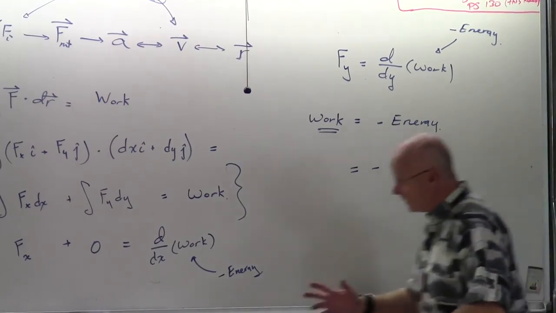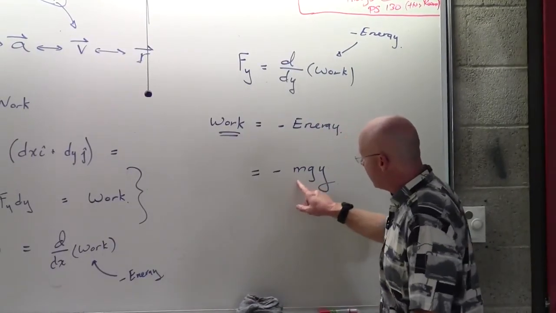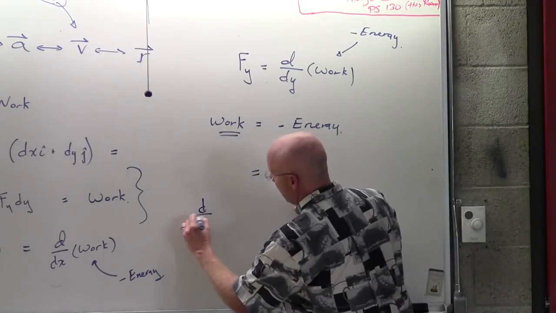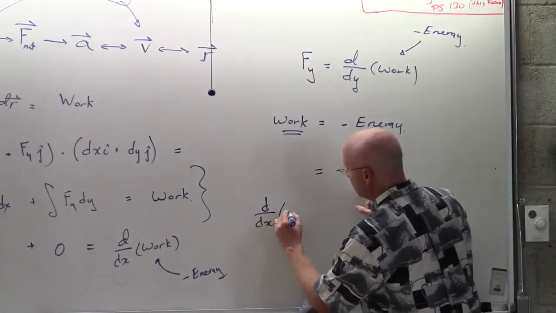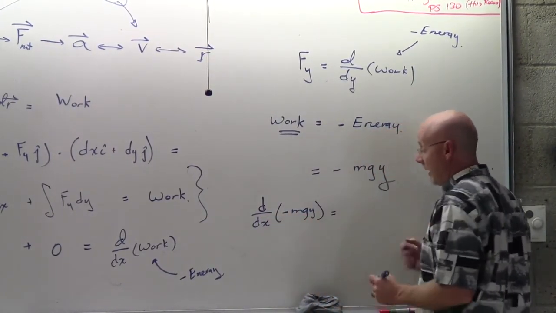And so that is that number. But in the interest of time, watch what happens if I take the derivative of this with respect to x of a negative mgy. What do I get?